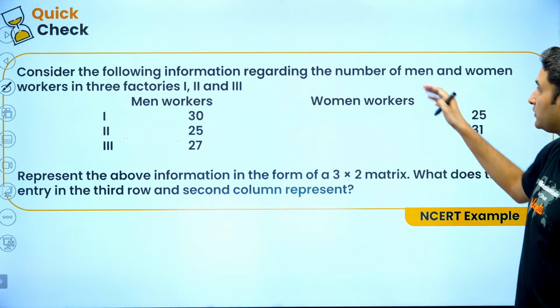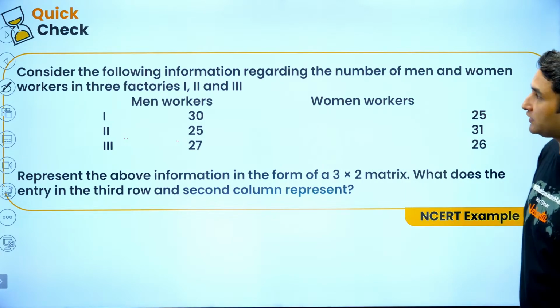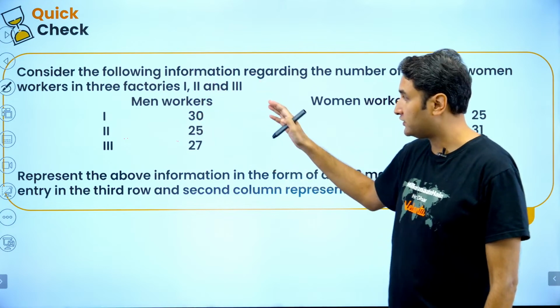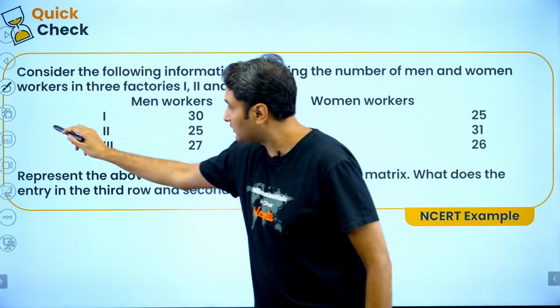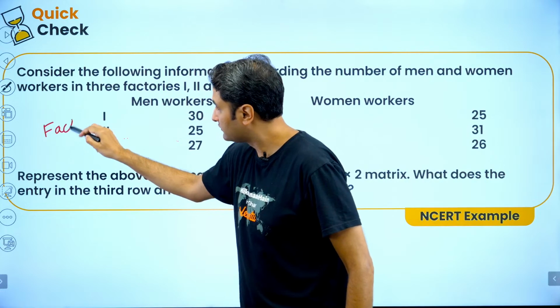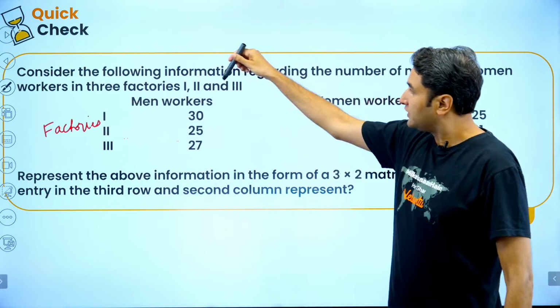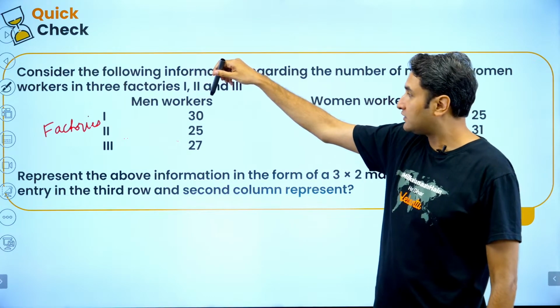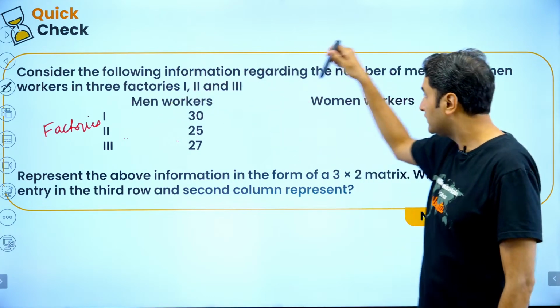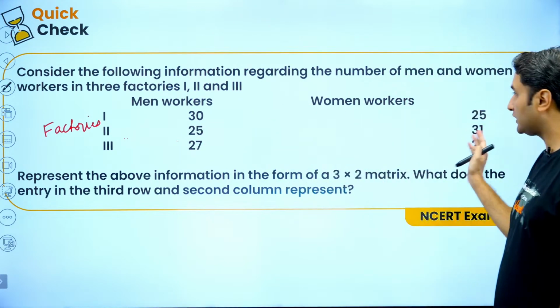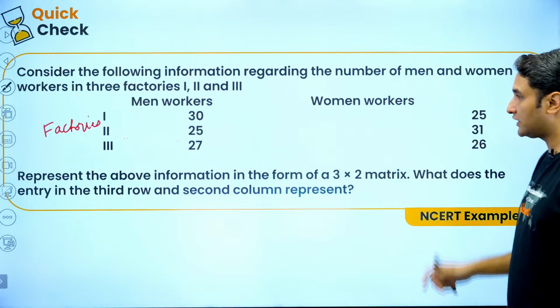Consider the following information regarding the number of men and women workers in 3 factories, 1, 2 and 3. So there are 3 factories. The number of workers in these factories: 30 men workers in factory 1 and women workers are 25. Then factory 2, 25 and 31, and factory 3, 27 and 26.